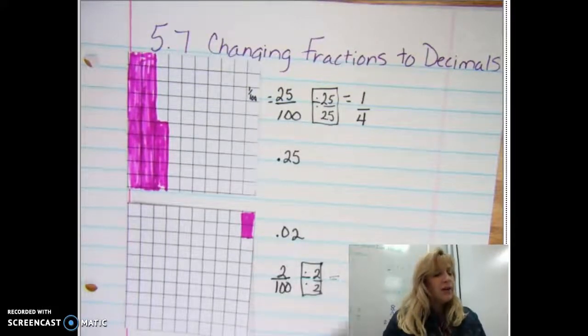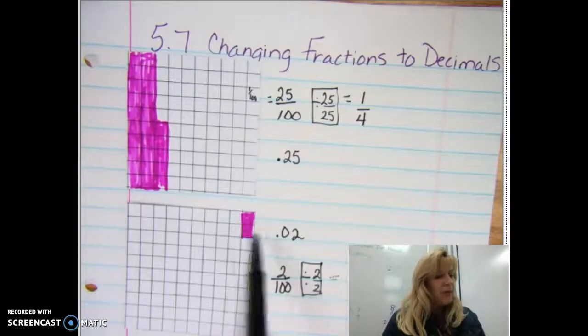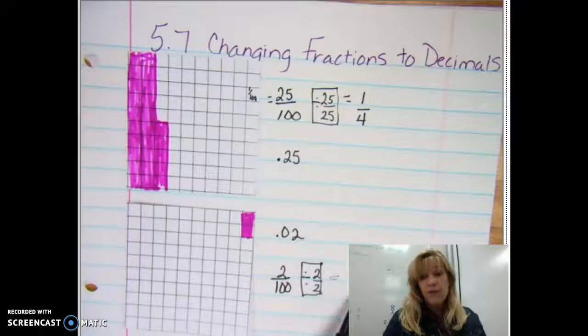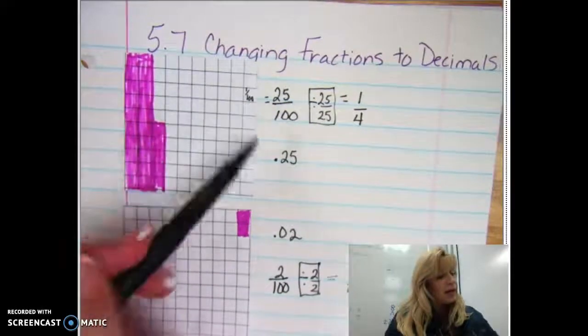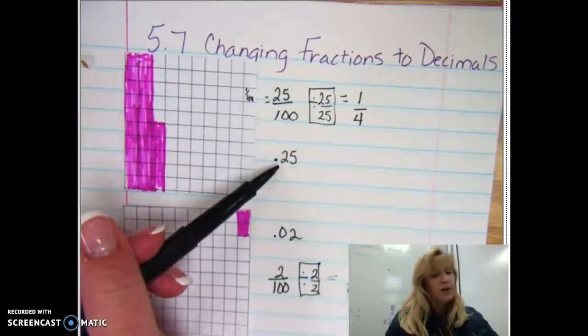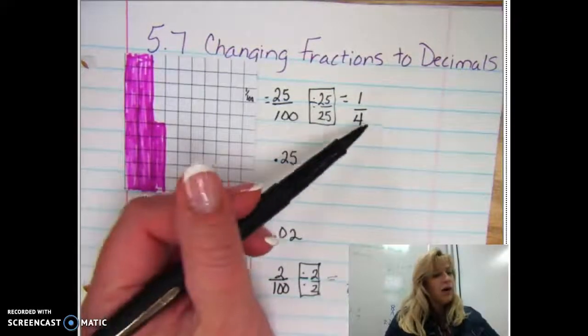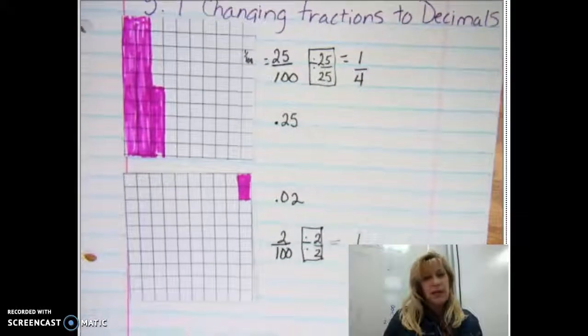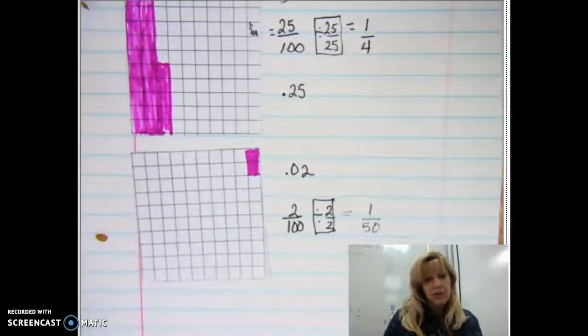So I could express the same amount as 0.02 or 2/100ths or 1/50th. Up here I could say this is 25 hundredths as a decimal, or it's 1/4. Either way it represents the exact same amount.